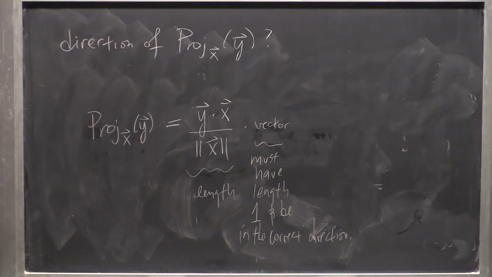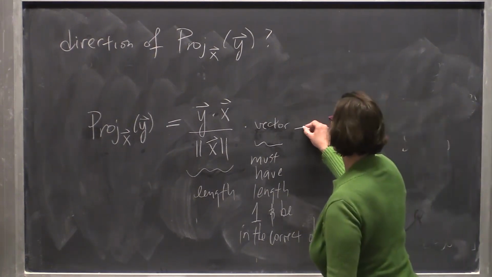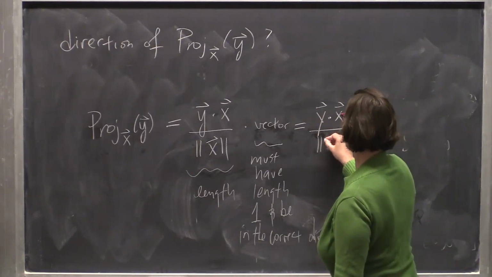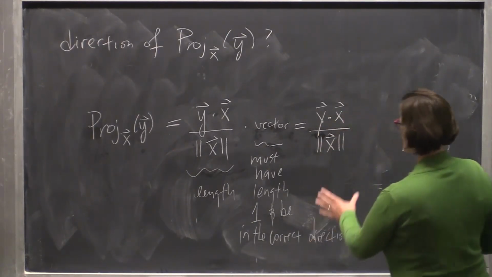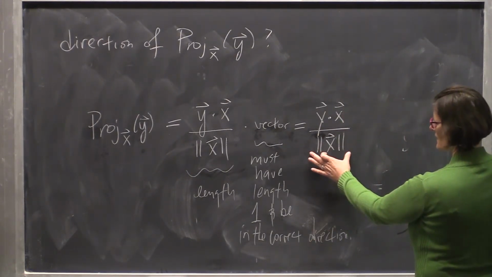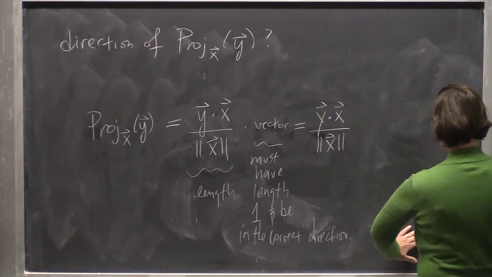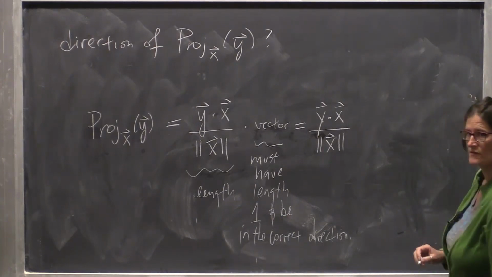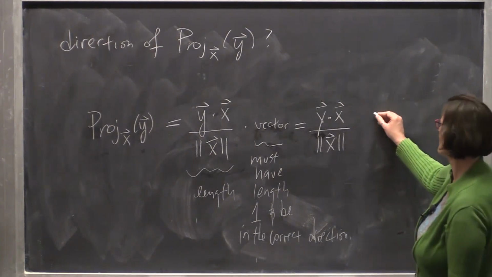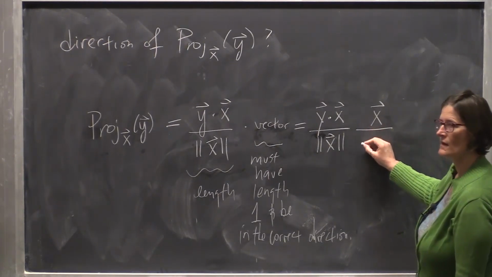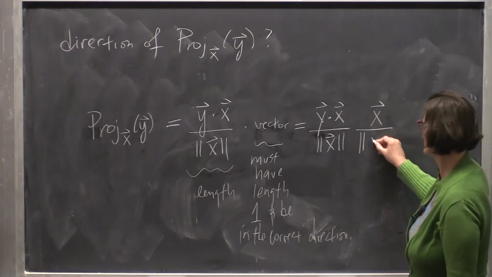The correct direction is given by which vector, x or y? X. So this is y dot x over length of x, giving me the correct length. Then I need a vector which has the direction of x and is of length 1. So that would be x divided by what? Its length.